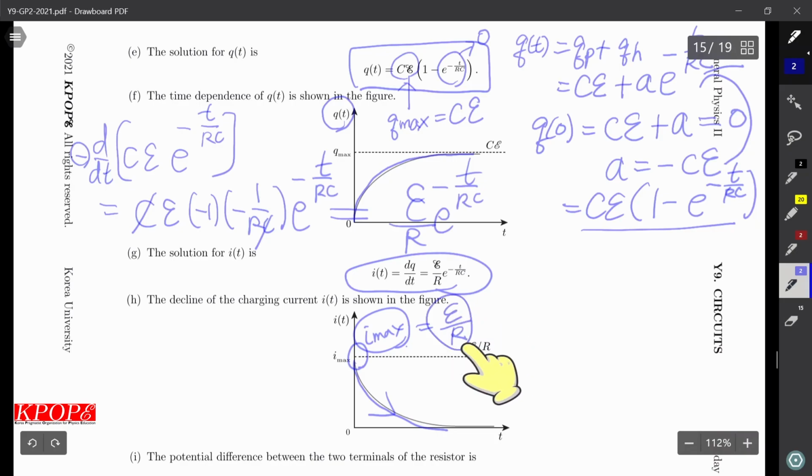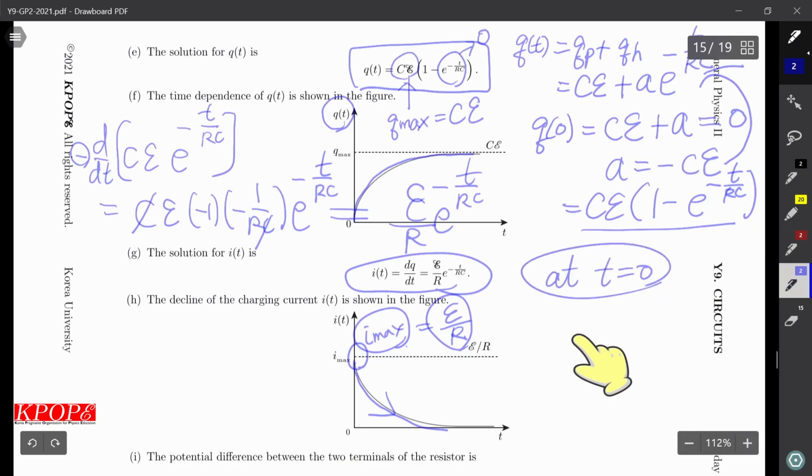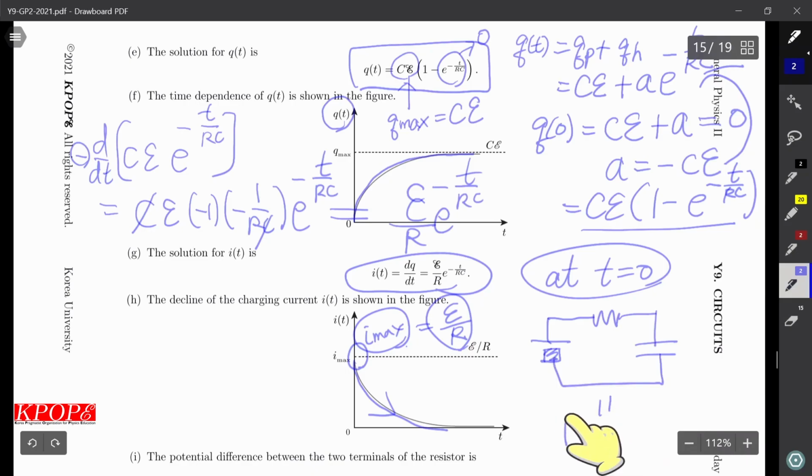So at t equals 0, this system is the same as this one.